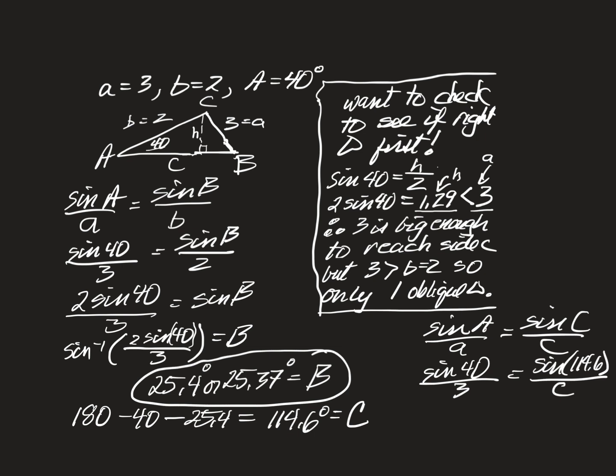And that means C is equal to 3 sine 114.6 over sine of 40.